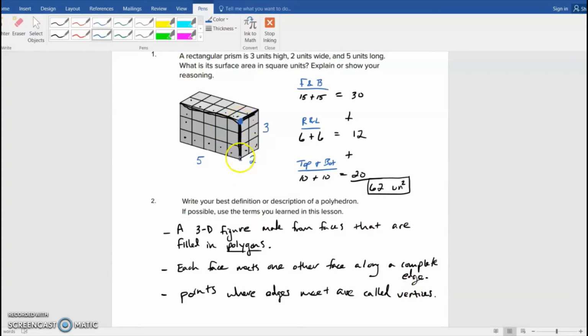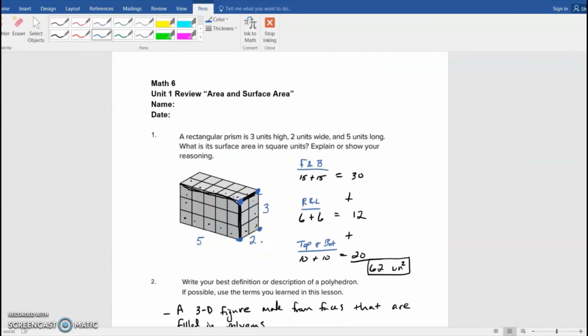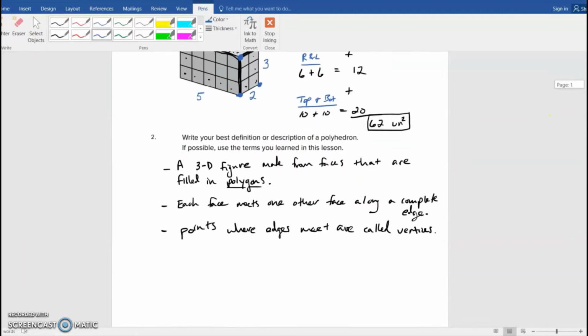That's a vertex. Here our edges meet. That's a vertex. Okay? So vertices are kind of like corners, if you will, in common terms. So all those things represent what a polyhedron is. Basically a 3D shape made from polygons. So I'm keeping it real basic.